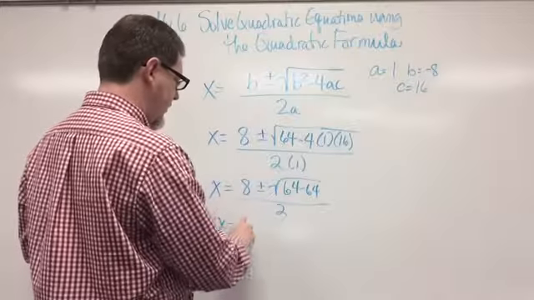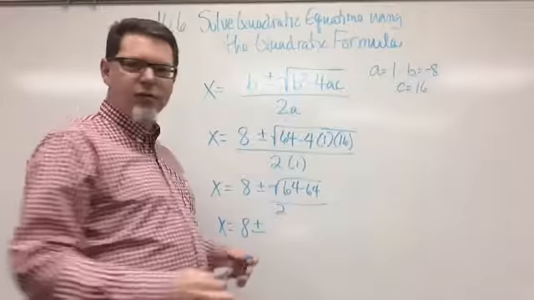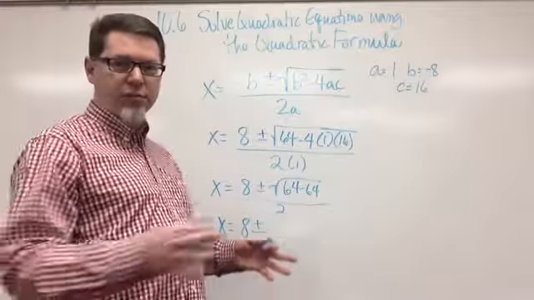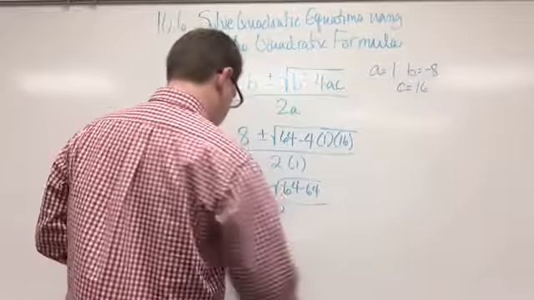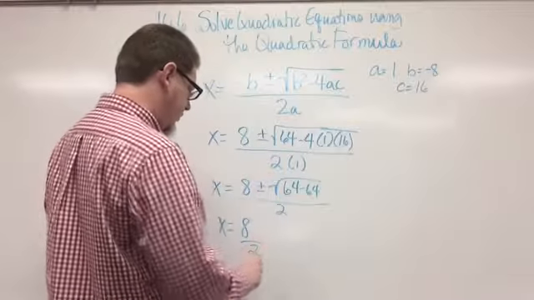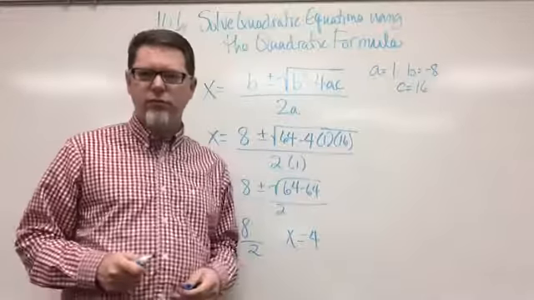Well, x equals 8 plus or minus the square root of 0, which is 0, so I'm not even going to put anything else, over 2, so x equals 4.